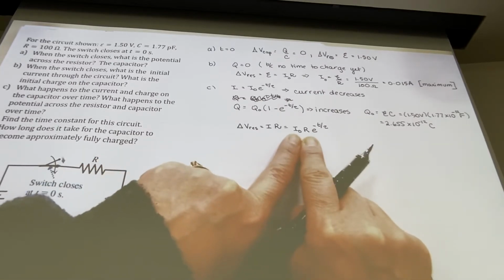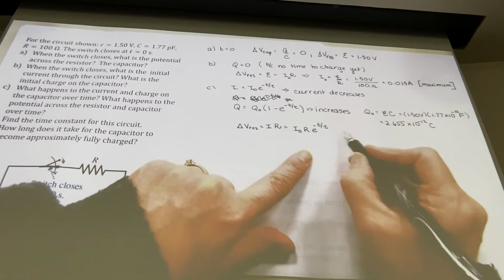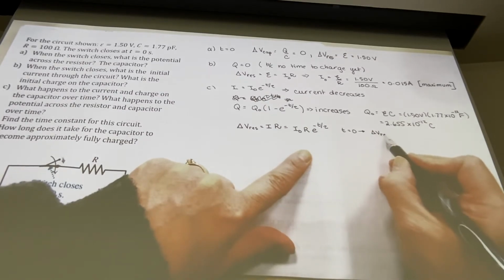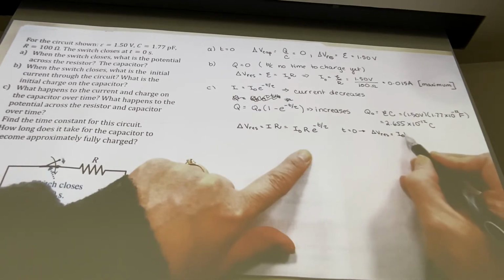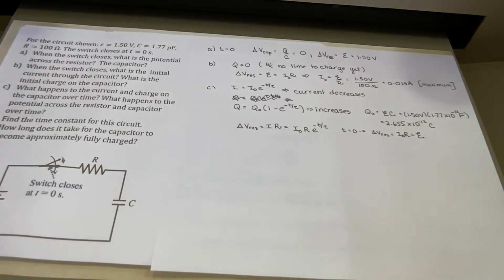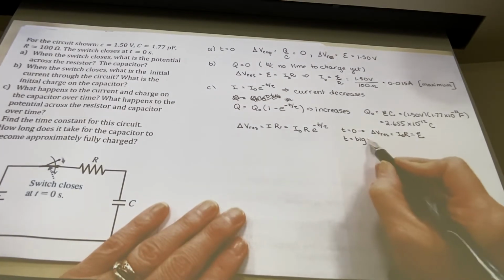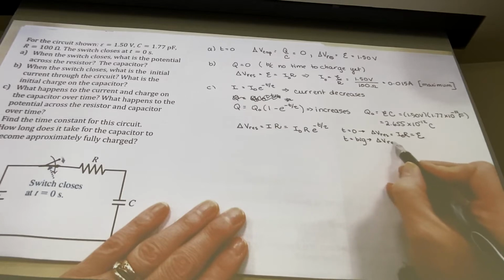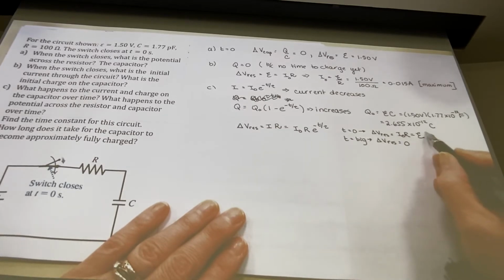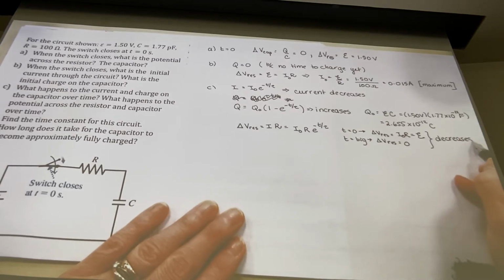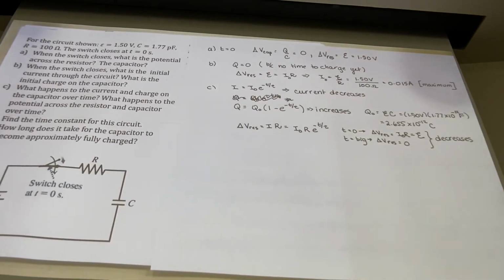When t equals 0, delta V across the resistor equals I0 times R, the maximum potential. If t is a big number, greater than 5 tau, delta V across the resistor is 0. So across the resistor, the potential decreases. So there's a long explanation for something you probably intuitively already knew.